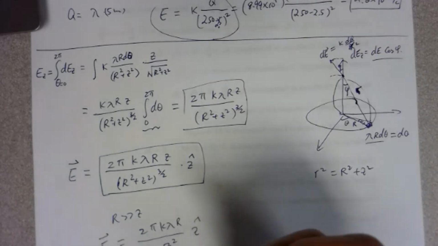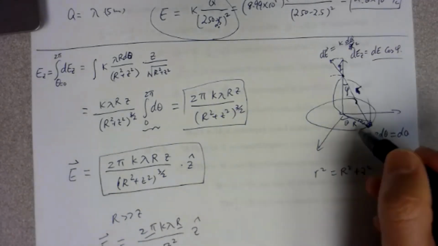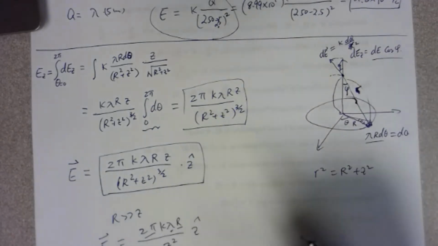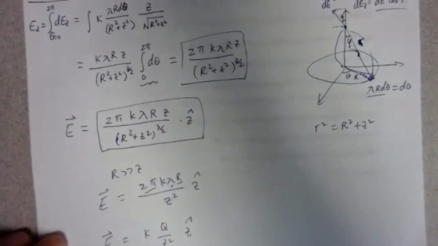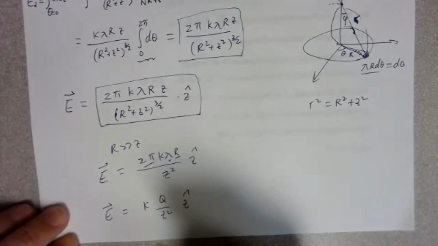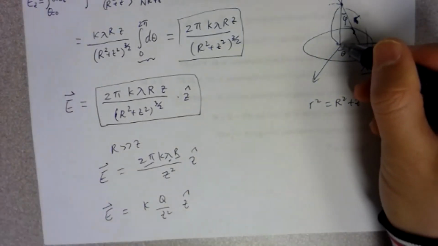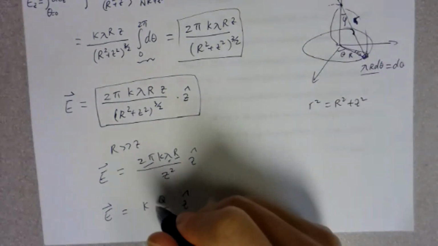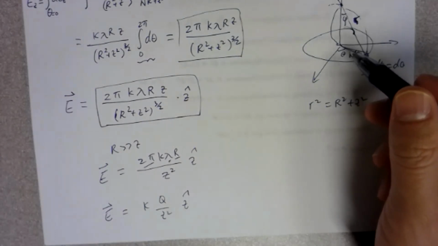Also this guy, because 2 pi r is the whole circumference, and times lambda, that's the total Q. So that equals k Q over z squared times z prime. So that's the E. If z is very large, then the distance z will be the r in that case. So this now approximates the total Q at the center here and z distance away. So that's kQ over r squared. So you can approximate it as a point charge in that sense.